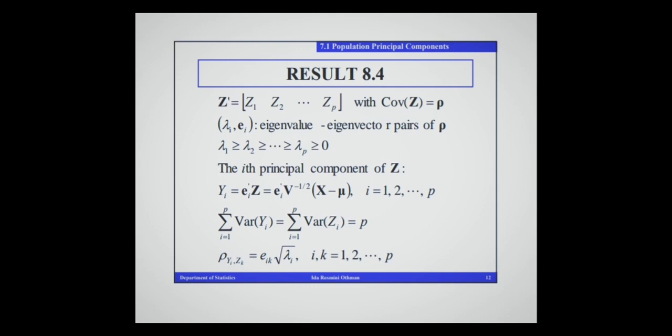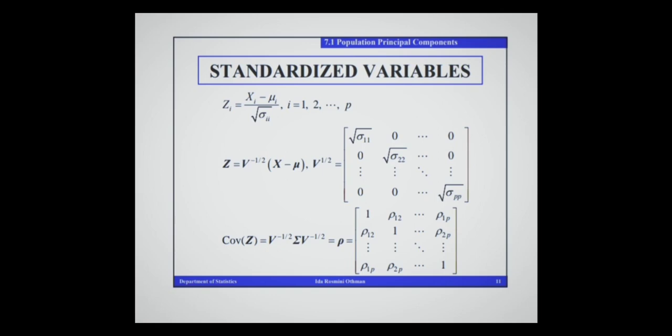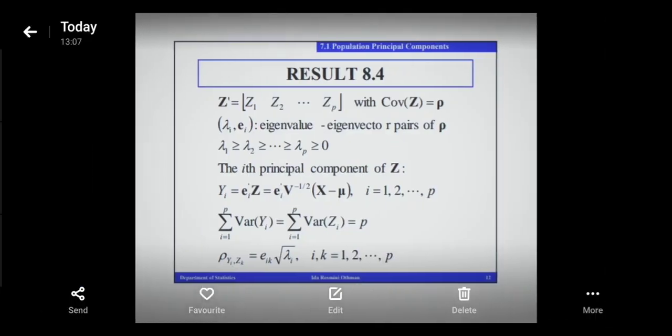Before this, we obtained the eigenvalue lambda and the normalized eigenvector E from the variance covariance matrix big sigma, right? But now we find lambda and E from the correlation matrix. So how do we find the correlation matrix? Using this formula, which is rho.